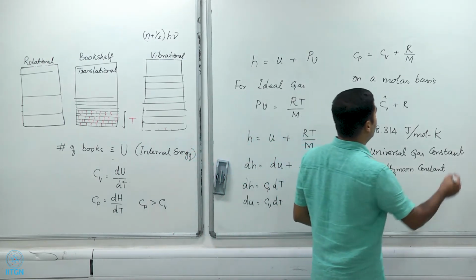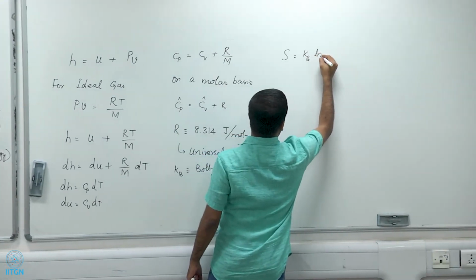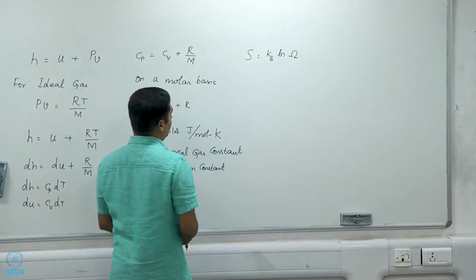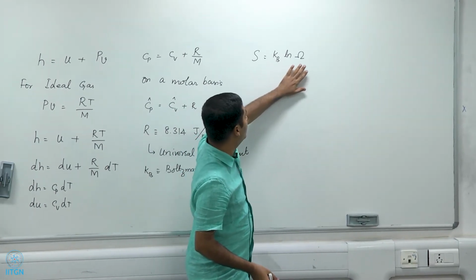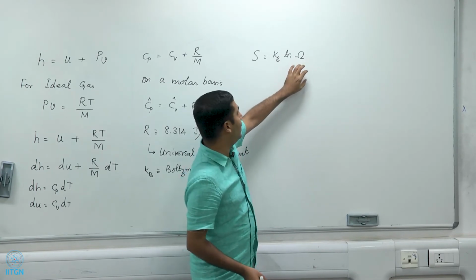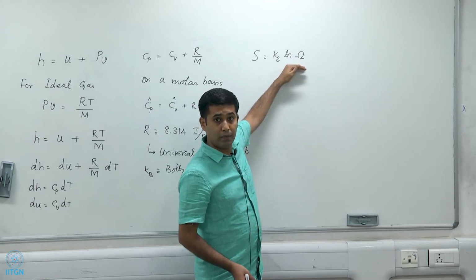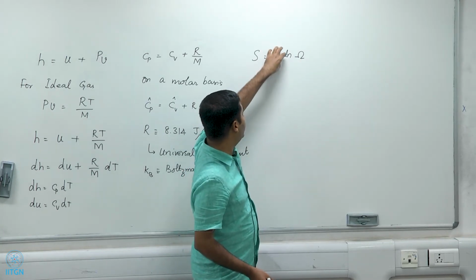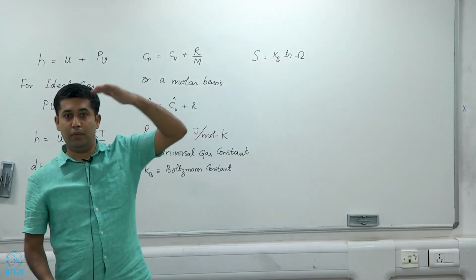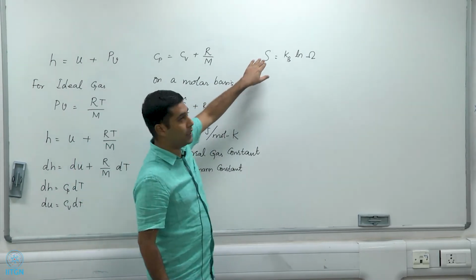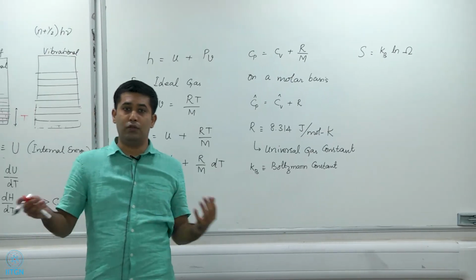It comes from S equals Kb log omega, and we will look at this omega later. This omega is an integer; it can only have integer numbers. It's typically a very large number, but it's a finite number, and Kb links this finite number, which can only be an integer, which means the energy levels can only be discrete, with this variable entropy, which we normally treat as if it's a real and continuous variable.